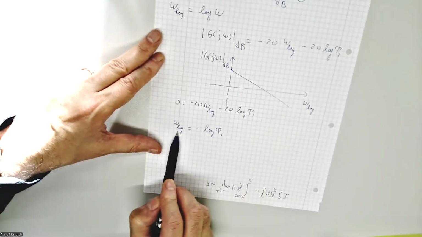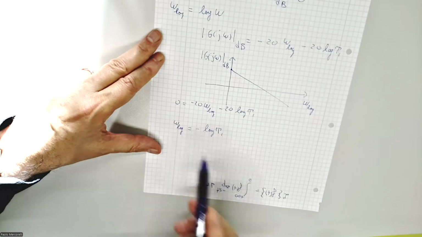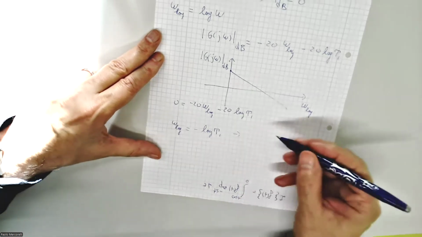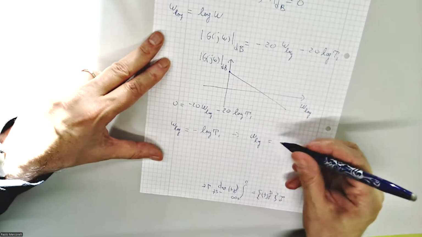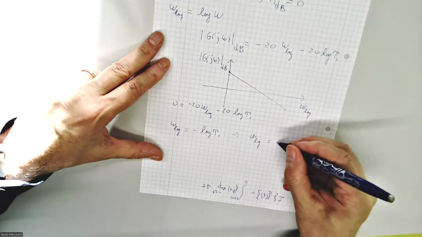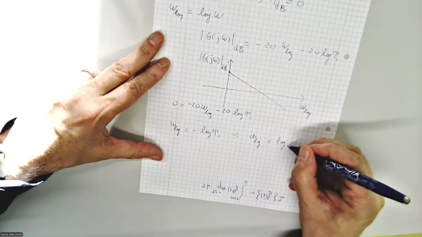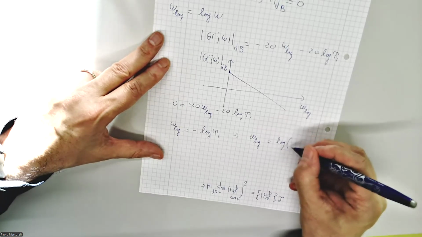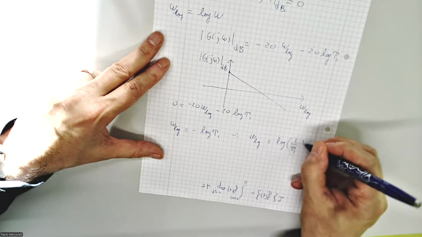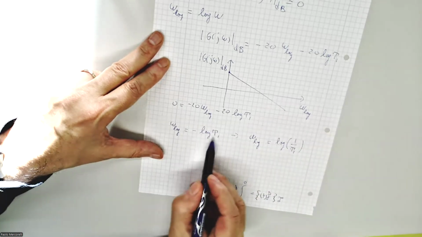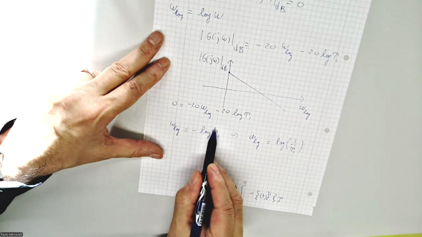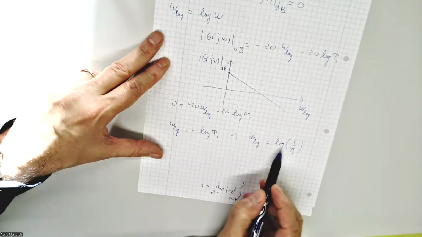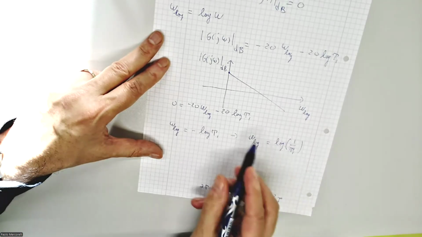Correct. This implies omega log equals log of 1 divided T1, yeah? Because do you remember I told you log of 1 divided T1 is minus log of T1, yeah?